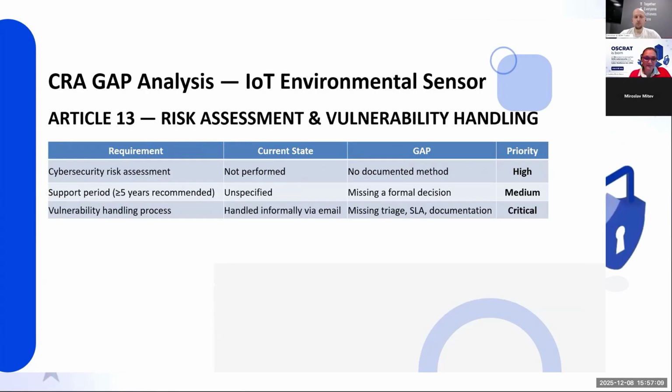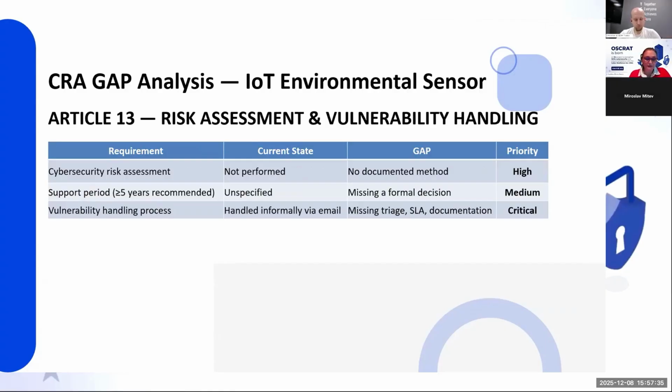So the next table, Article 13, is the heart of the CRA. It requires a cybersecurity risk assessment, a defined support period, and a structured vulnerability handling process. These are mandatory and must be documented clearly.